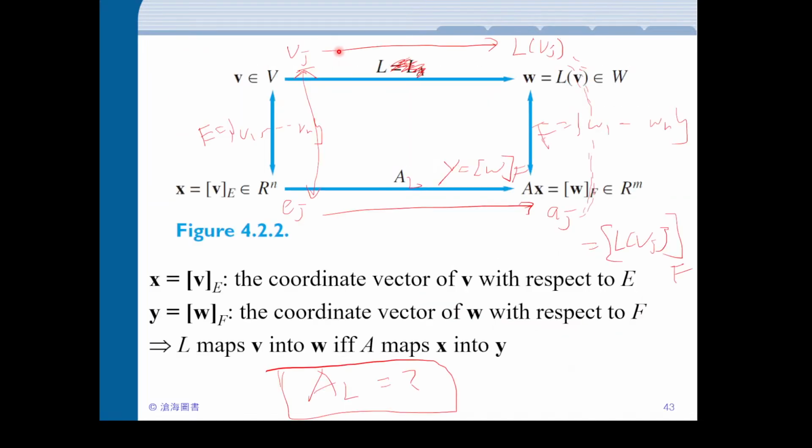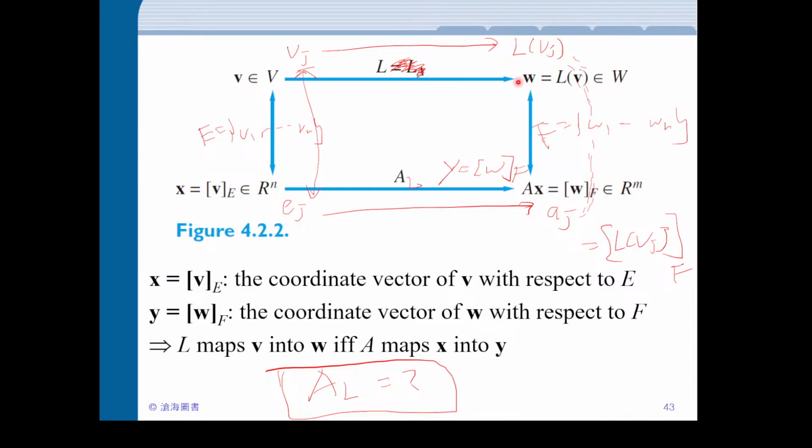So what we do is we start with E_j here, and we want to see what the map A_j is. So we go E_j, then go to V_j. And V_j, in this abstract space, we know how a vector in V maps to a vector of W. So V_j gets mapped to L of V_j, and then we transform back to R^m.